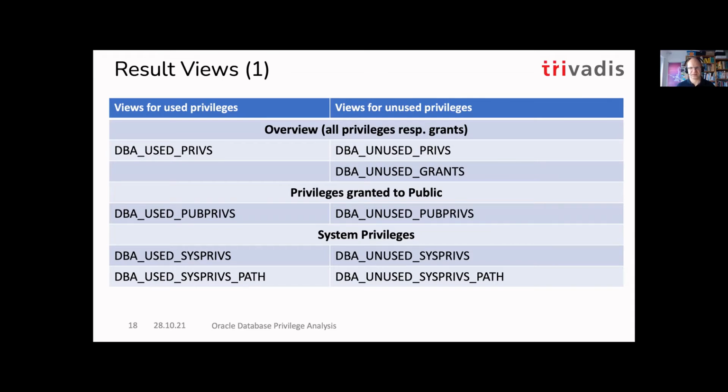Think about a role granted to another role granted to a user. And if you want to find out how a user has been granted a privilege, you have to follow this path to the role and then to the next role. This is meant with path in this context.